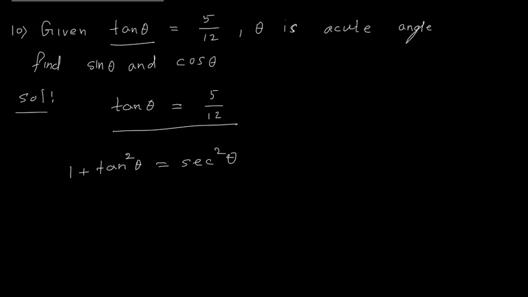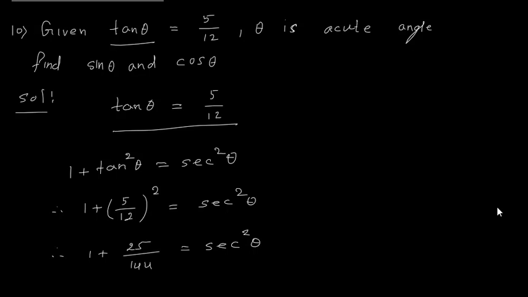So, therefore, 1 plus, what is the value of tan? 5 upon 12. So, 1 plus 5 upon 12, the whole square will become sec square theta. So, therefore, 1 plus 5 5s are 25 upon square of 12 is 144 is equal to sec square theta.